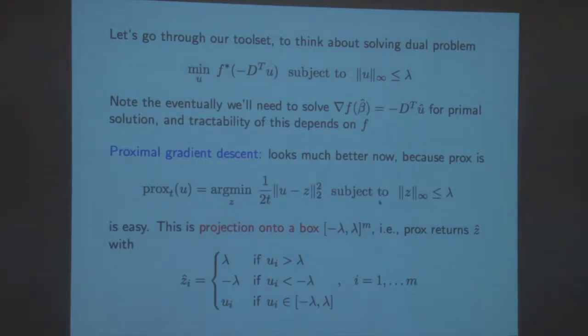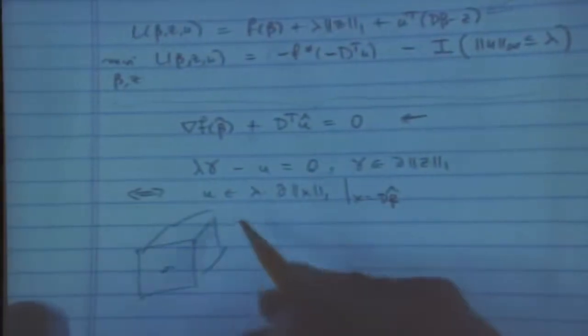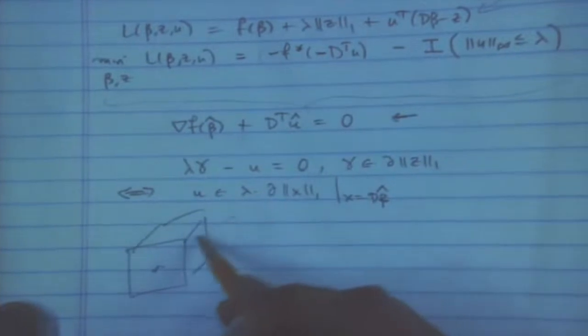They're equivalent. So what is this? The prox operator is to find the closest point z to a given point, say u, that has infinity norm less than or equal to lambda. That's just projection onto a box. And you can convince yourself that's quite an easy problem. All that is saying is that I have a box of side length 2 lambda centered at 0, and you give me an arbitrary point and I want to project it onto the box.